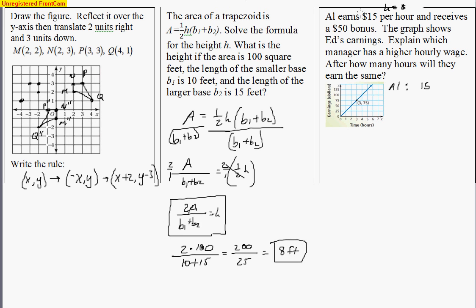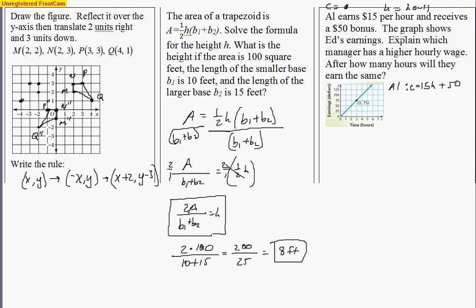Sorry about that. Let's go ahead and fix that one more time. So h is the number of hours. And so 15h plus 50. So that's Al's equation. And so we can even say, how about C equals the dollars.